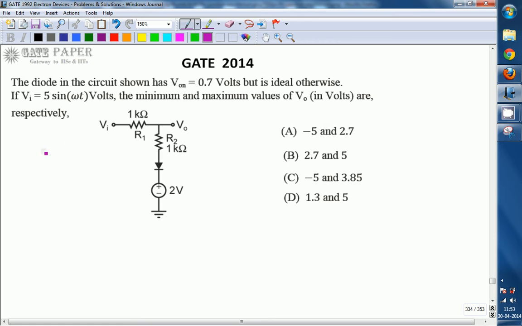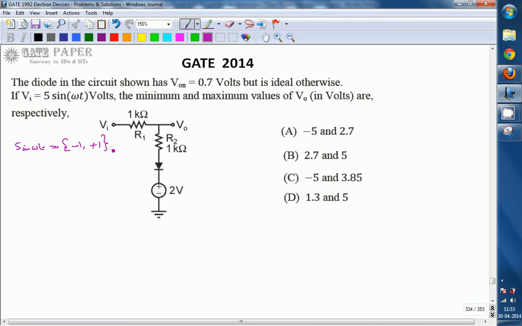Since Vi is 5 sin omega t, sin omega t has values between -1 and +1. So the minimum value of sin omega t is -1, and the maximum value is +1.